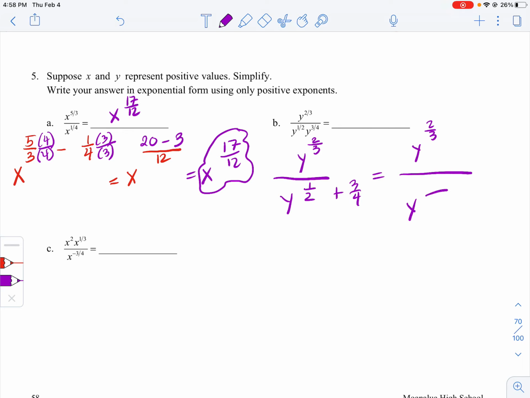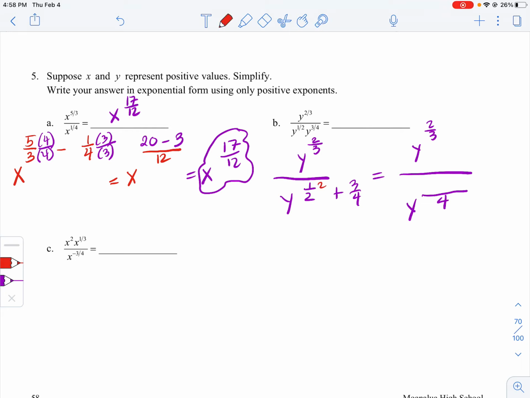So what is their common denominator? I think 4. 4 would be their common denominator, correct? So I can leave this. Let's make that a little bit bigger. There you go. What do I multiply this by to become 4? I multiply it with 2, right?